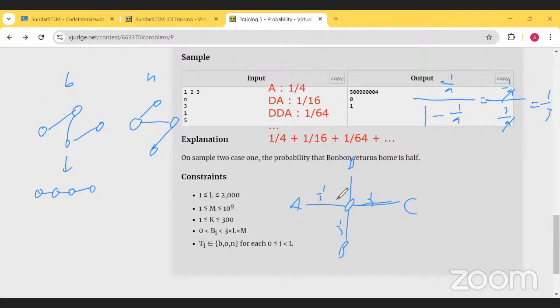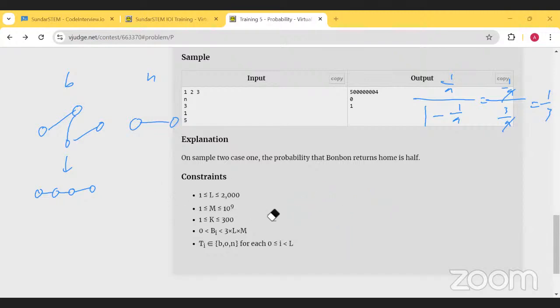So the real probability will be just 1 over 3, and we can remove it because this is a dead road. So that means we can just remove the dead road here. Yeah, because this tree will have the same probability, right? So it must be 1 divided by 3. So we can remove all of the dead ends.